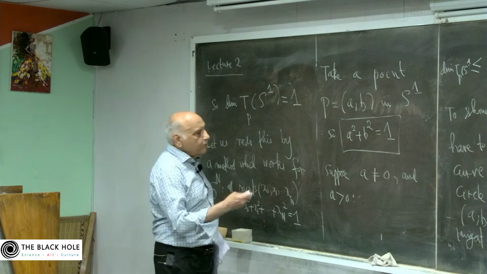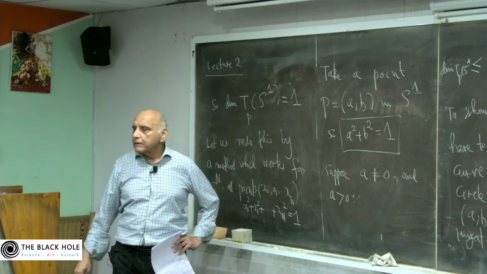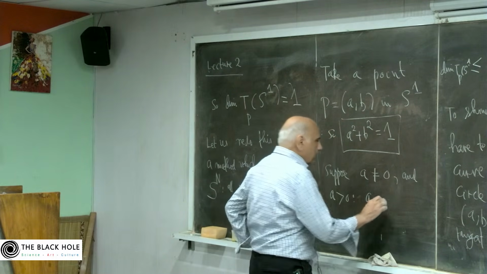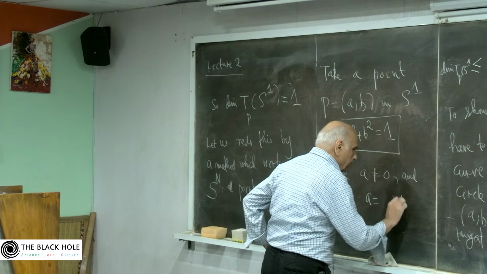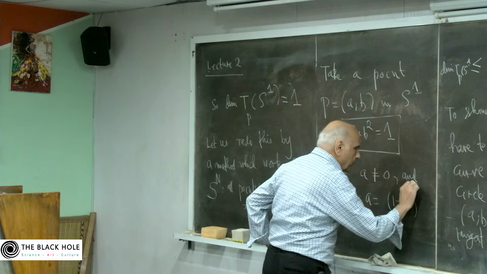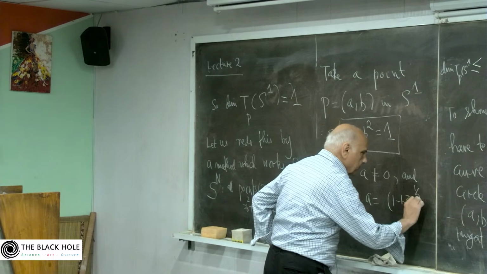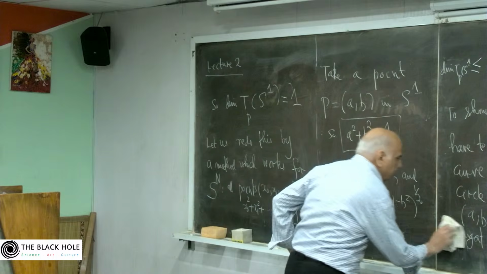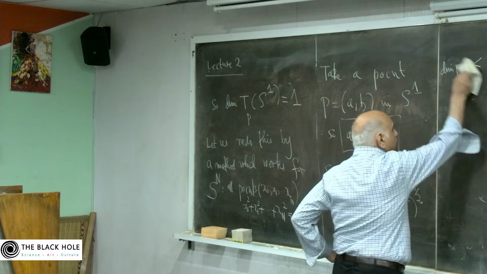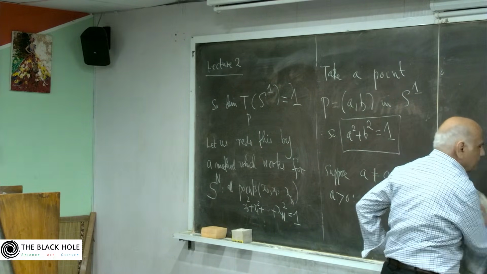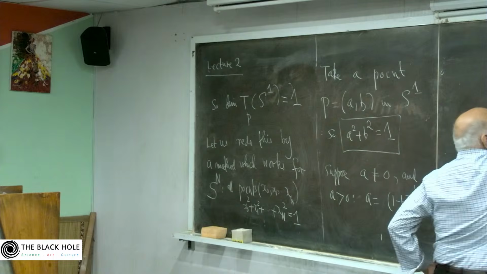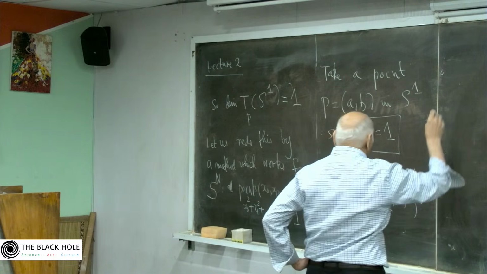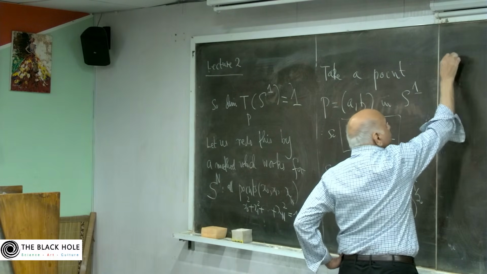Then I can solve for a. What's the solution for a? a is 1 minus b squared to the power of 1 over 2. Okay, so this gives a parameterization.